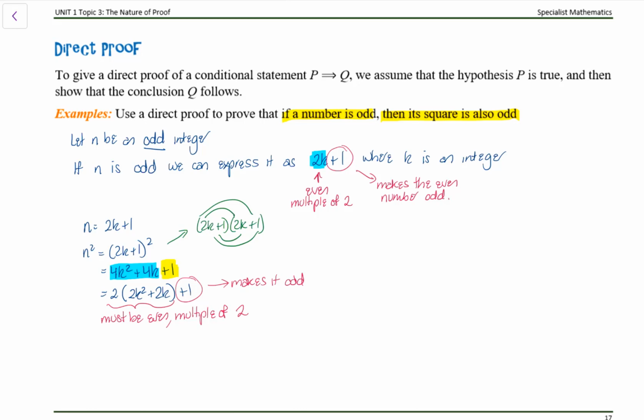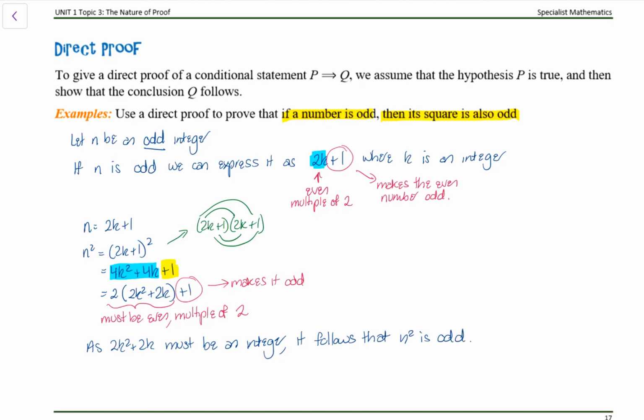Okay, so as 2k squared plus 2k must be an integer, because k is an integer, it follows that n squared is odd.